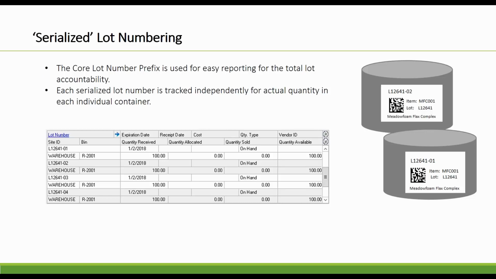You can see here another example of labels that we've used for this. Flaxseed, in this case, was one of the solutions that we provided to a client. We're tracking that. It has a lot number, but it also takes a lot of space. It's something that's easier tracked in a large container.